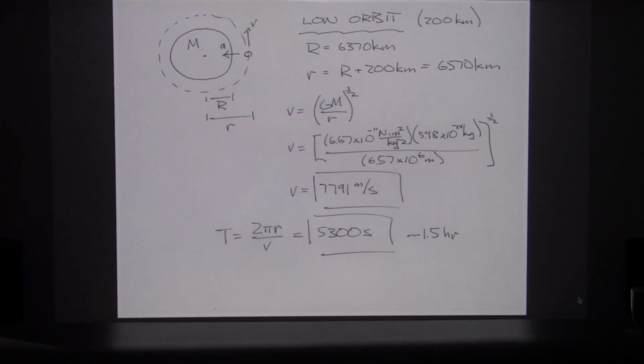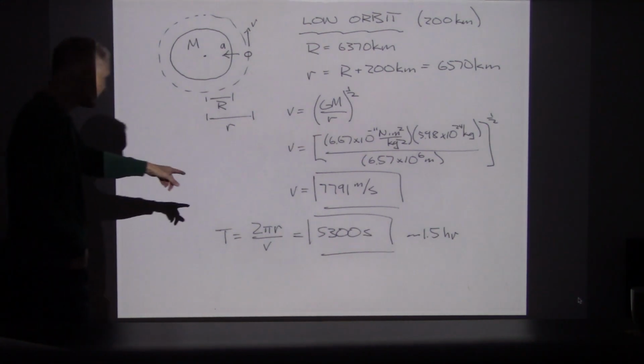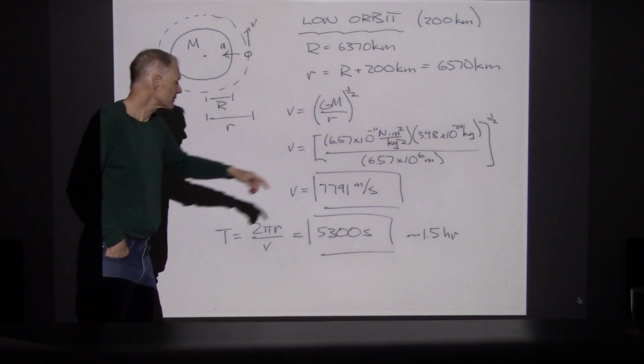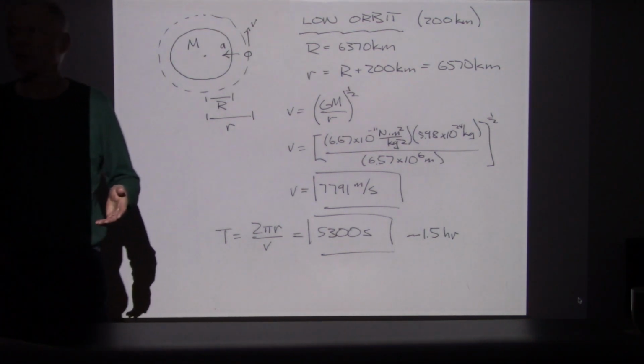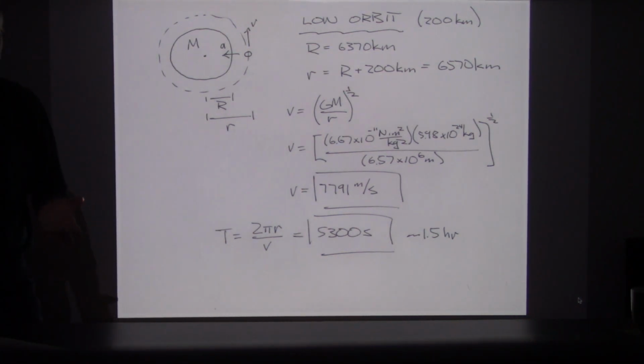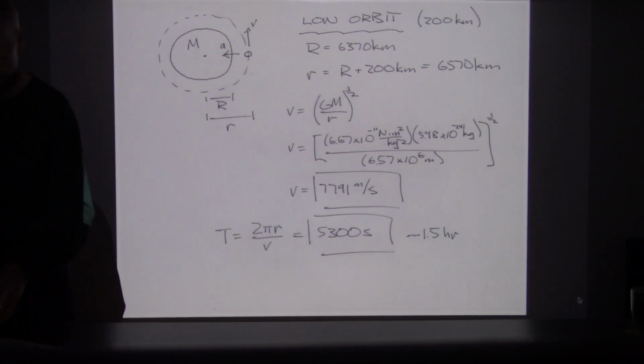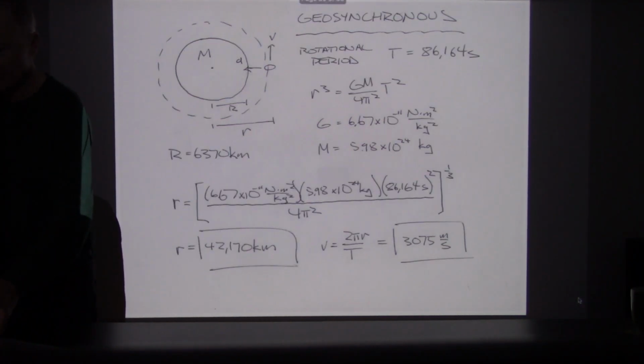So that's much faster. When you put the time in for these, they take 5,300 seconds. It's about an hour and a half. If you've watched these space shows, you'll know that when they're talking about orbiting around the Earth in low orbit, it's about 90 minutes.